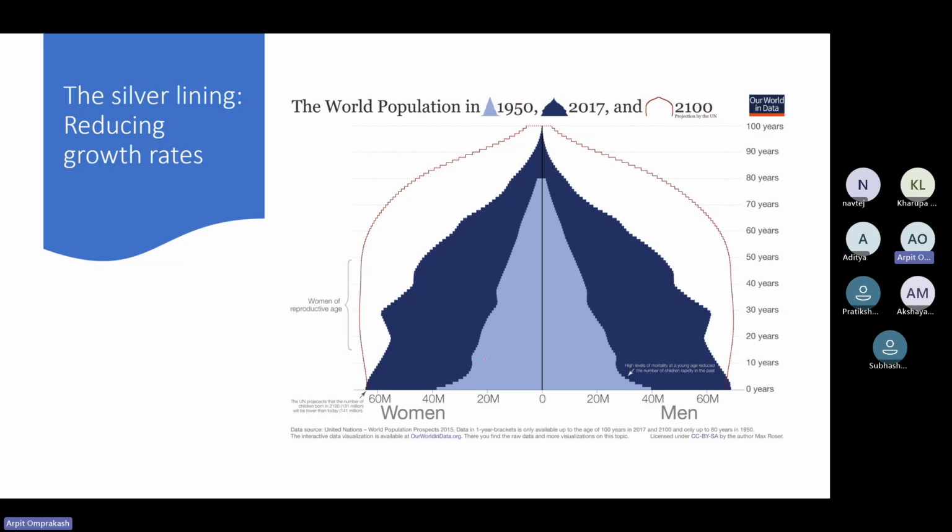So what do we see? On the x-axis, after zero towards the right, we have the number of men in the population. Towards the left, we have the number of women. And on the y-axis, we have different age groups, from 0 to 10 years, 10 to 20, 30, 40, and so on till 100.